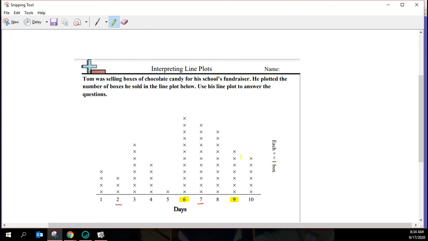Fewer means less. So we're looking at this stack here and this stack here. I see that on day 9, there were less boxes of chocolate sold. So our answer is day 9.